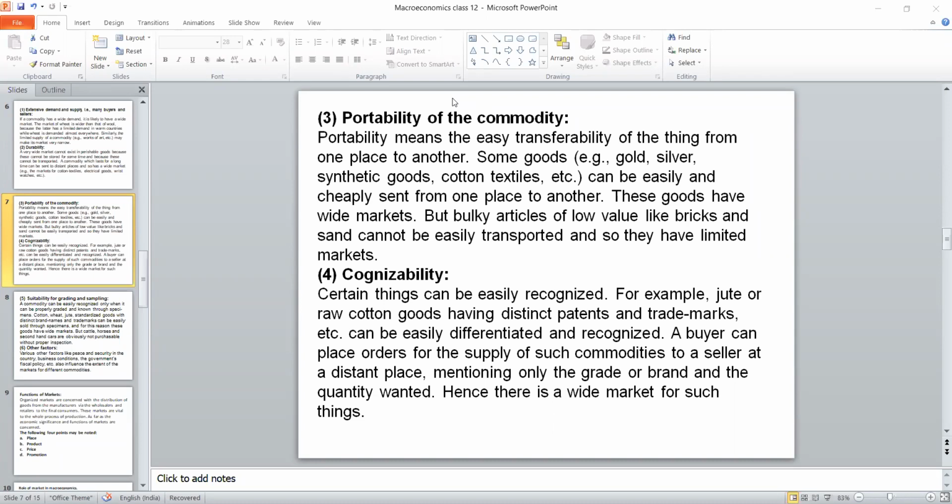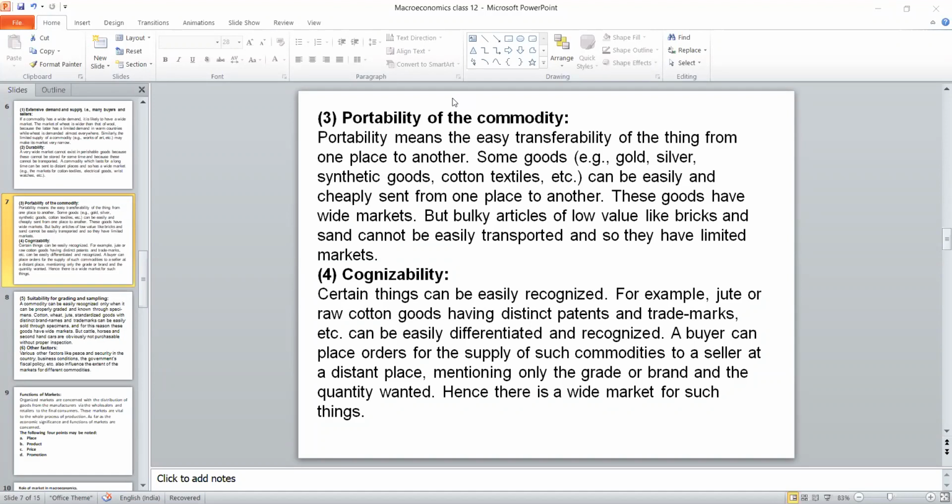The fourth factor is cognizability. In the literal sense, we have recognition. That is, there are certain goods which have a trademark, a patent, or any other sampling we are able to give. That recognition decides the size of the market. There are certain products we cannot give recognition. For example, a sample may be taken and we can check and give the order, but there are some products which cannot be recognized.